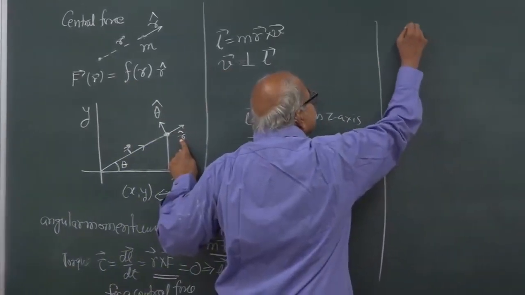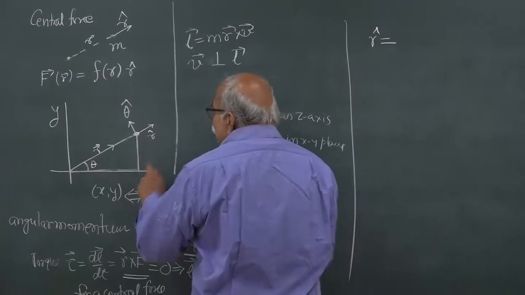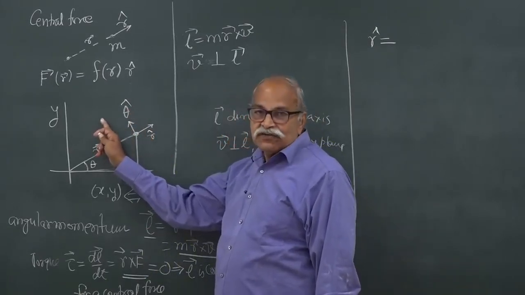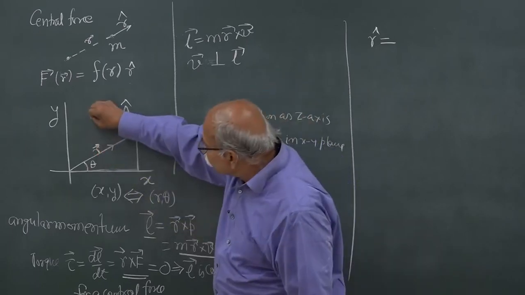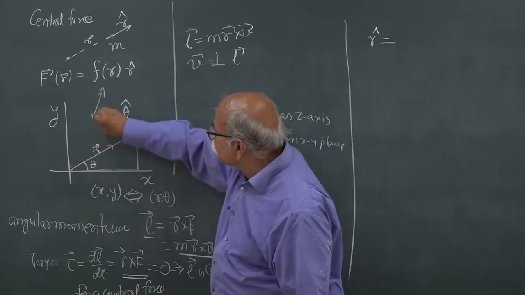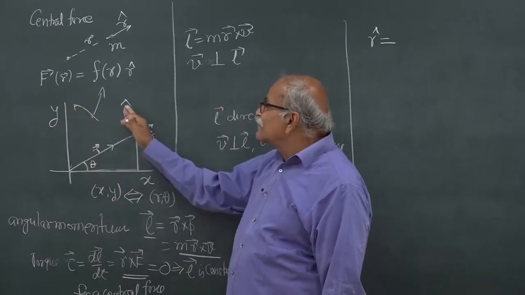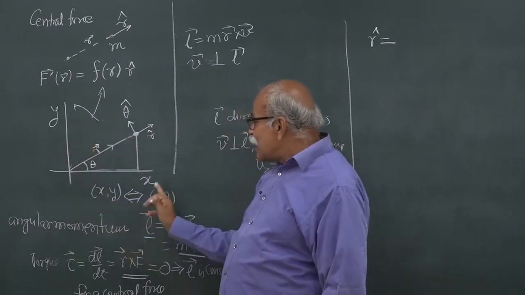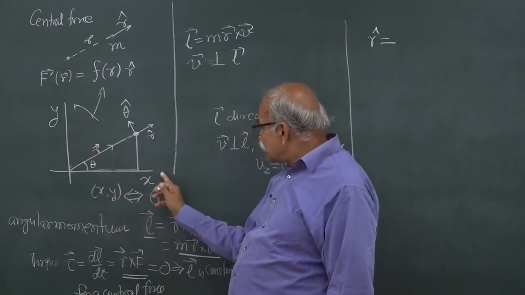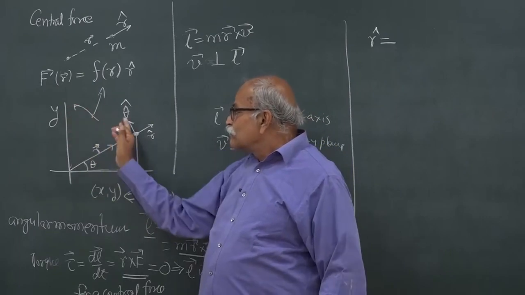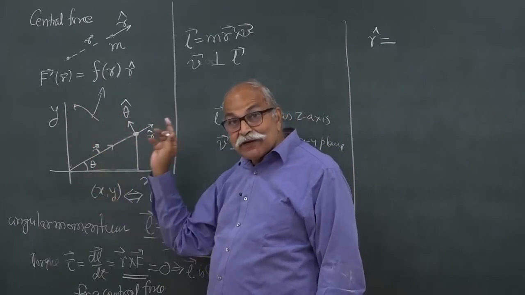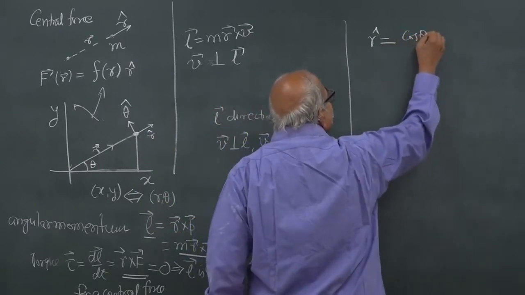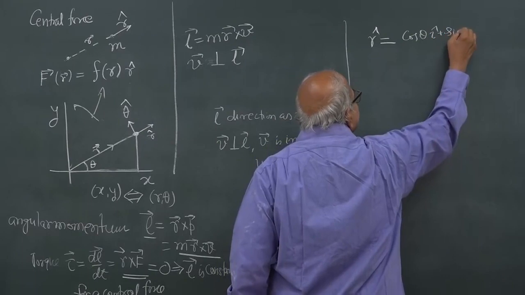What is this r cap in terms of i cap and j cap? Remember, this r cap and theta cap depend on where the point is. If the point is here, r cap is in this direction, theta cap is in that direction. These are not constant vectors, they depend on the position of the particle. i cap, j cap are constant vectors, the x axis is fixed, the y axis is fixed, the particle is moving. So, I can write r cap as cos theta i cap plus sin theta j cap.